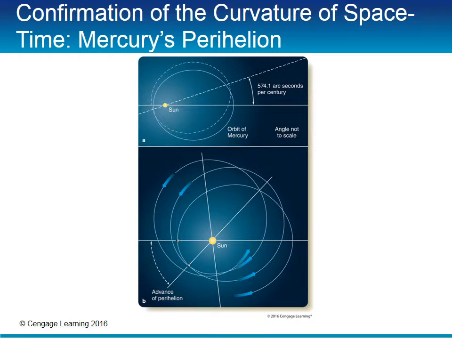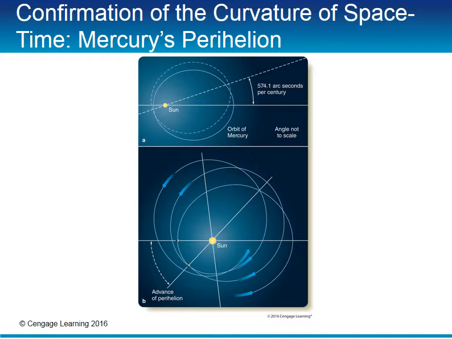Mercury's orbit precesses about 42.98 arc seconds per century faster than predicted by Newton's laws. Even when you ignore the influences of the other planets, Mercury's orbit is not a perfect ellipse. Curved space and time near the Sun distorts the orbit from an ellipse into a rosette.